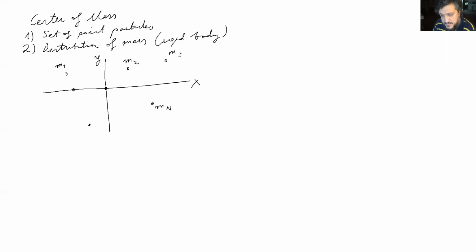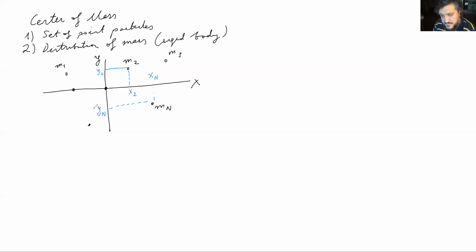So what will be the coordinates? Each particle definitely has a pair of numbers, like this one. I'm going to call it x2 and y2, right? So this one here will have the coordinates xn and yn.